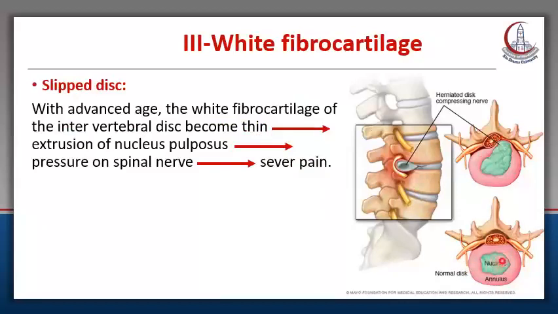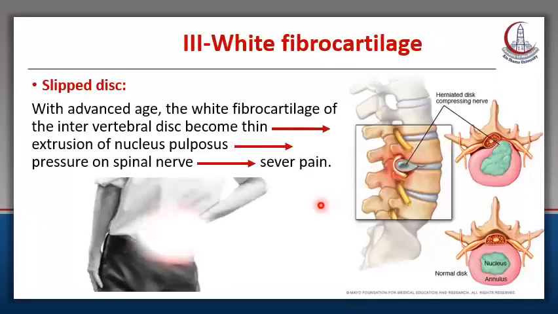With advanced age, this fibrocartilage becomes thinned and weakened, which leads to protrusion of the gelatinous material that leads to compression of the spinal nerve. This compression of the spinal nerves causes severe pain, leading to what is known as a slip disc or disc prolapse.